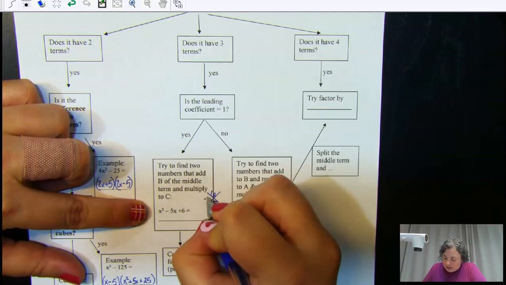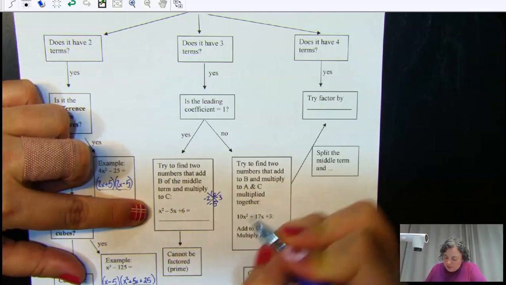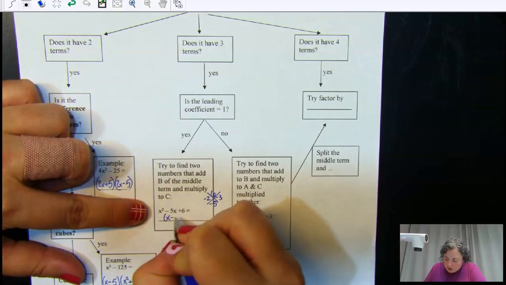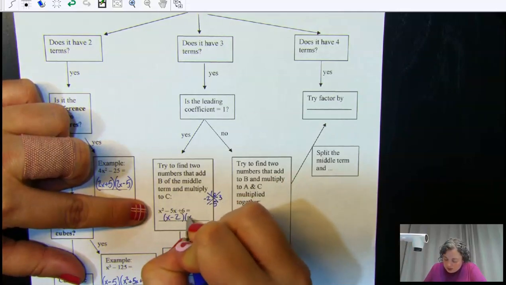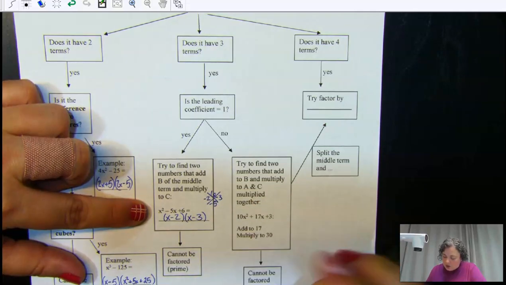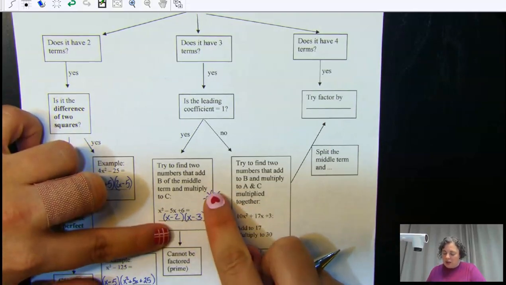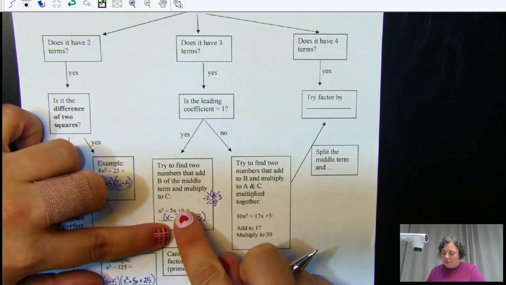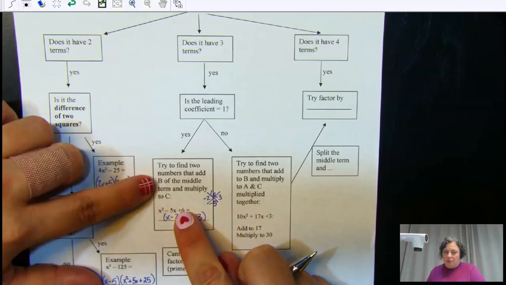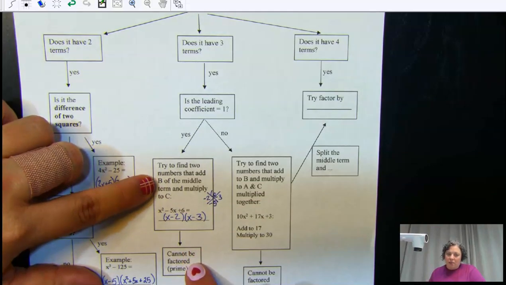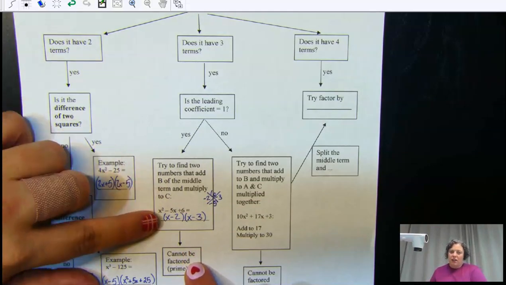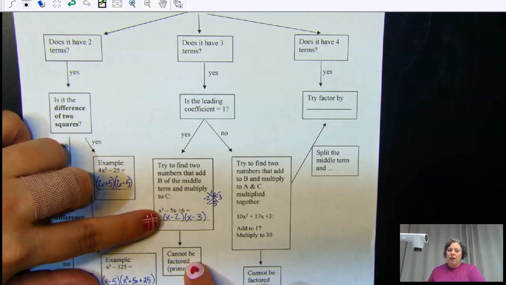So that's going to be -2 and -3. So this will be x minus 2 times x minus 3. And notice that if it doesn't have something that multiplies to the c and adds up to the b, then it cannot be factored. Okay, but if it does, this is the factoring.